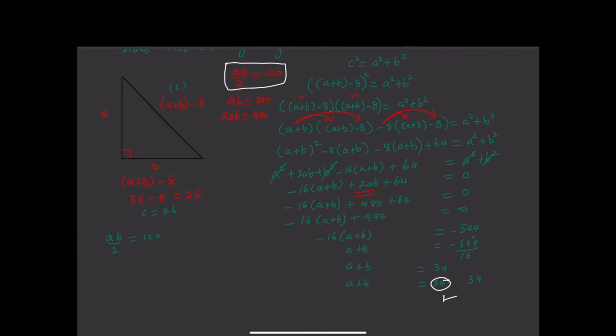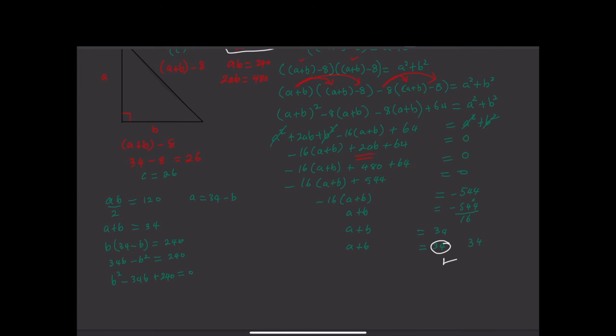We also know that A plus B is equal to 34. So we can make A the subject. So we have A is equal to 34 minus B. So now we have to factorize this quadratic. I'm going to do the inspection method.